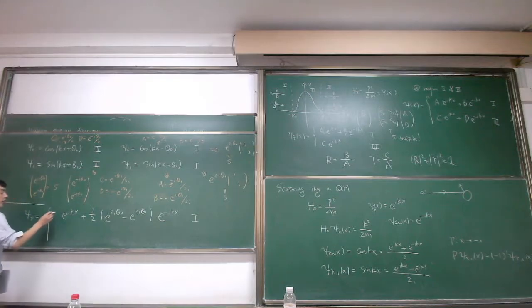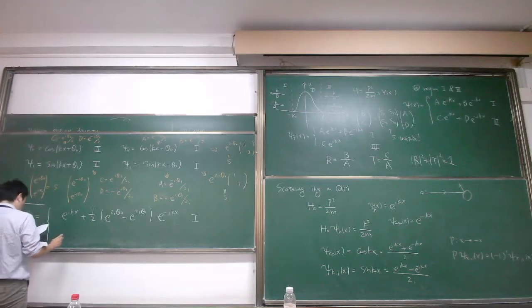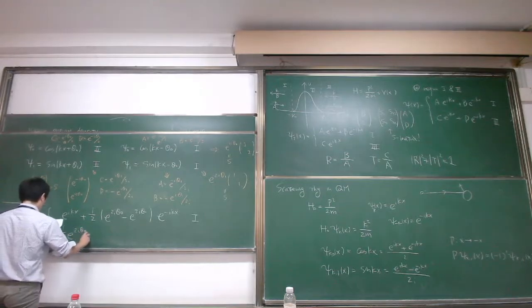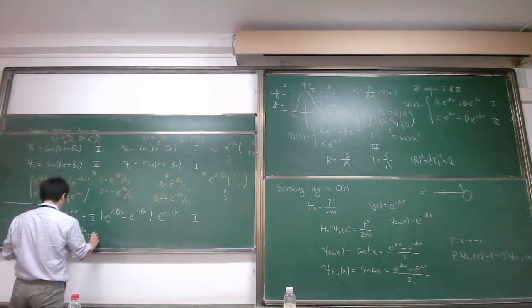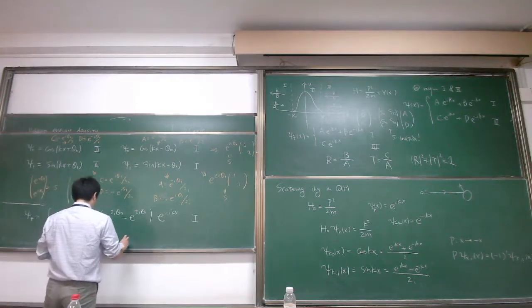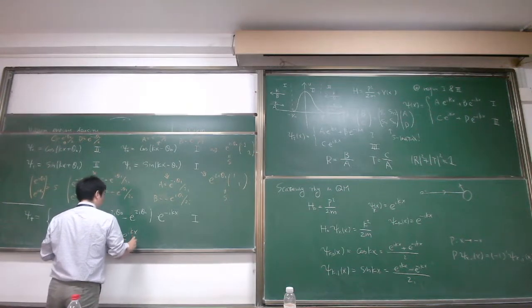And here A is normalized as 1, and B is equal to this one. And C is chosen this way, e to the 2I theta naught plus e to the 2I theta 1, e to the ikx, and this is region 3.